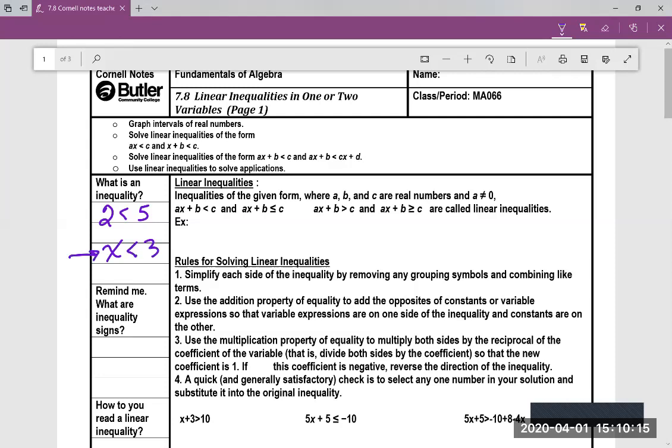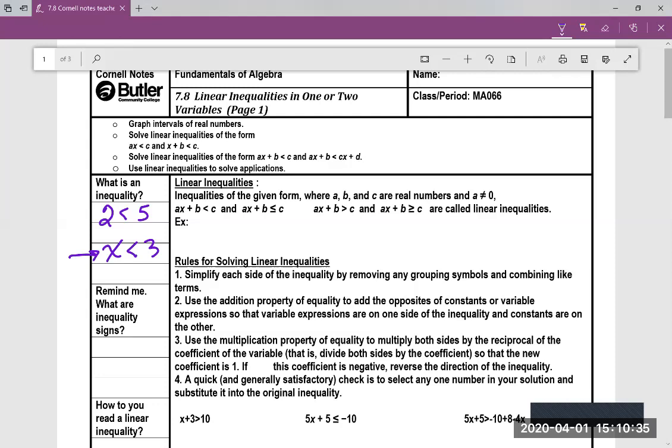Really what this means is x, the solution to this problem, is any number that is less than 3. X is less than 3. Any number less than 3 would satisfy that equation that we're looking at.